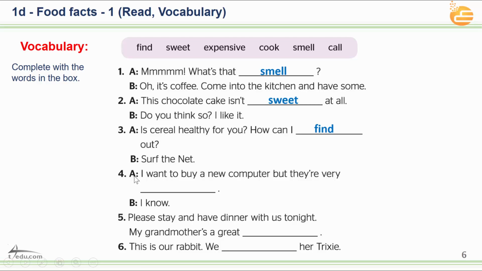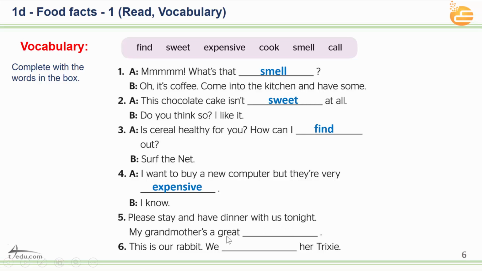B. Surf the net. Number 4, A. I want to buy a new computer, but they are very. B. I know. So what do you think? I want to buy a new computer, but they are very expensive. Exactly. B. I know. Number 5. Please stay and have dinner with us tonight.